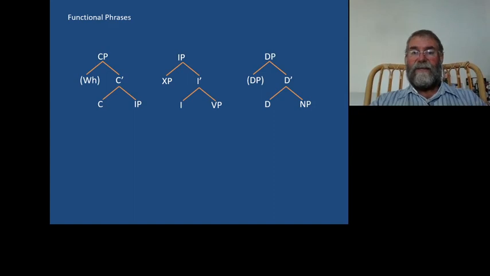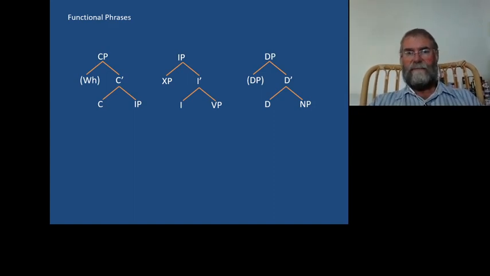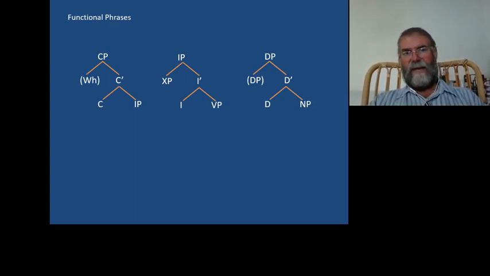The difference is in terms of what the head is. If the head is an inflection, you're going to get an inflection phrase. If the head's a determiner, you're going to get a determiner phrase. If the head's a complementizer, you're going to get a complementizer phrase. Moreover, those heads place restrictions on what their complements can be.